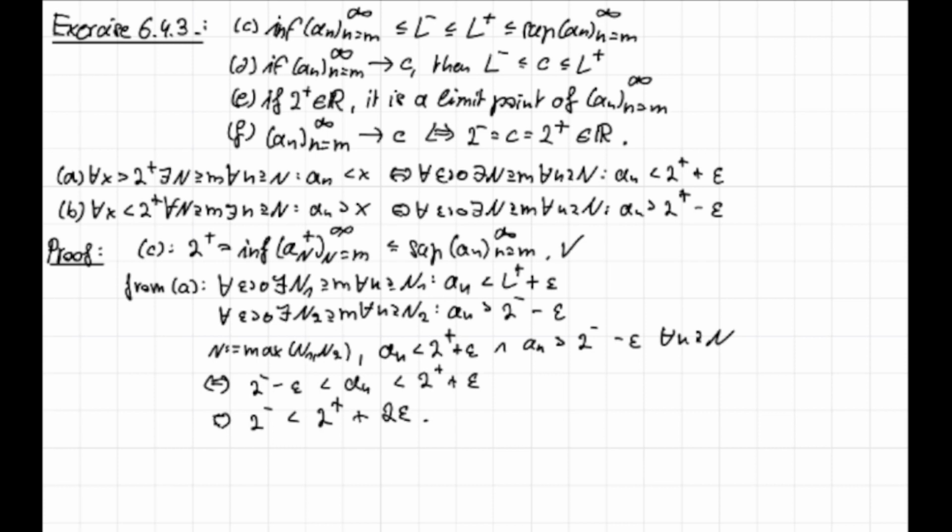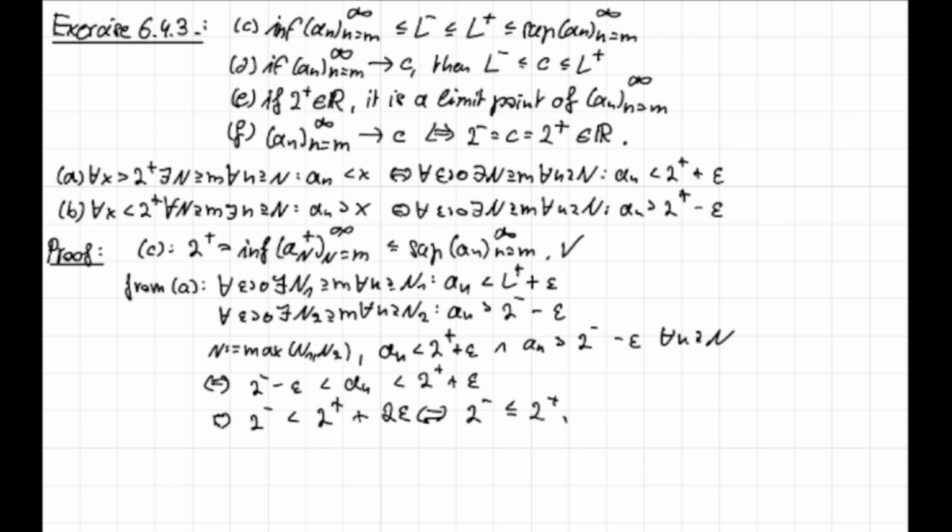Okay. And from this follows that L minus is smaller or equal than L plus. We can't actually deduce that L minus is strictly smaller than L plus.